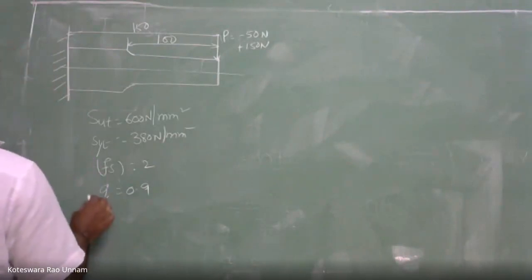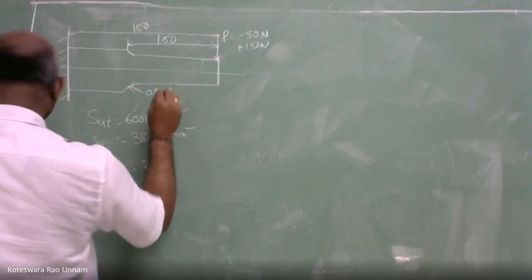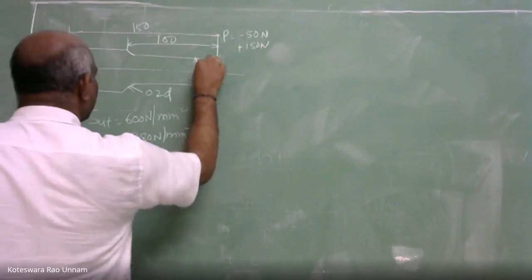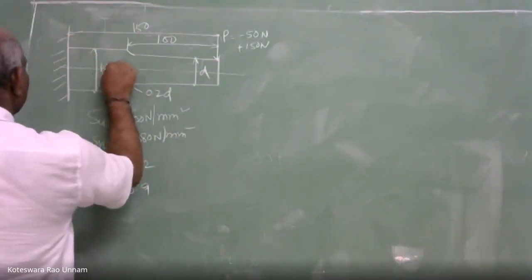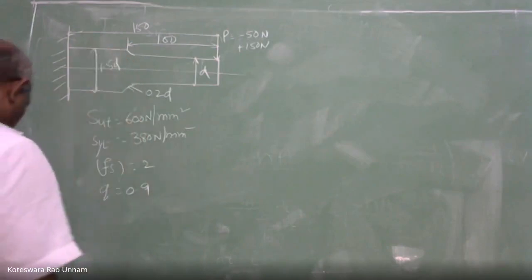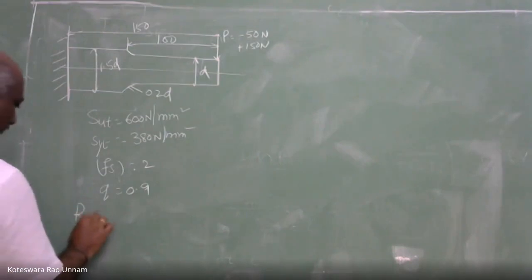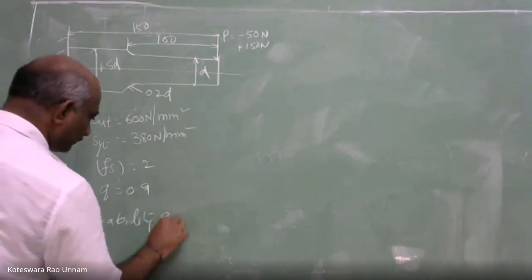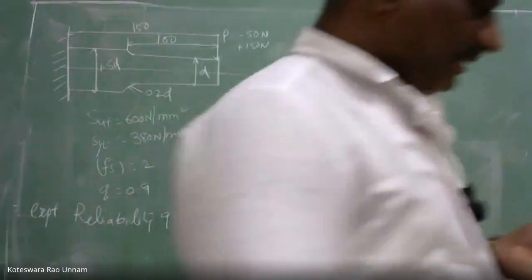Then he asked us what is D. For that he has given this fillet radius is 0.2 D, this diameter as D, this has 1.5 D. And also the expected reliability is 90%. That is the problem.